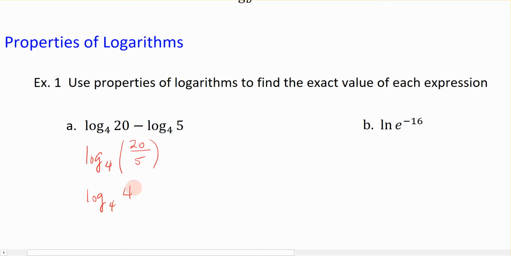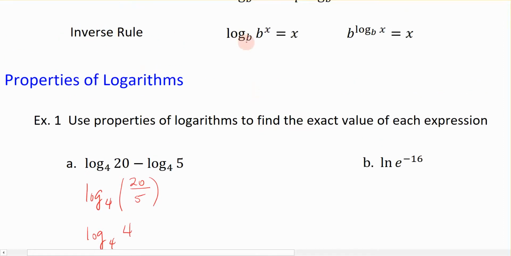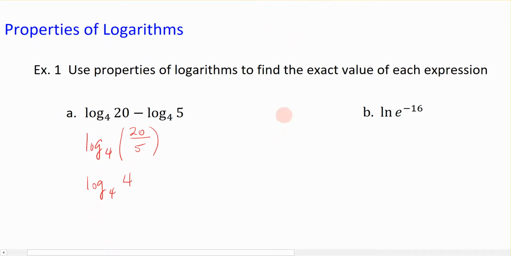Now remember that we have the inverse rule that says the log base b of b to the x is simply the exponent there. So this 4 that's in the argument position is raised to an understood 1, meaning that the 4 that's the base here and this 4, which is the base of the argument, are the same, so the answer to this whole problem is really just 1. So we used the quotient rule and the inverse property to simplify that expression.